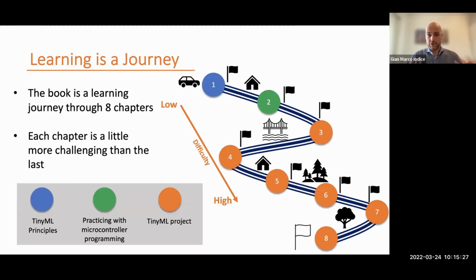In the second stop, chapter number 2, well, it's not a TinyML project yet, simply because in chapter 1, we have introduced the elements of embedded programming. In chapter 2, we want to do some practicing. So we want to learn how to build some simple circuits to be familiar with the concept of embedded programming.